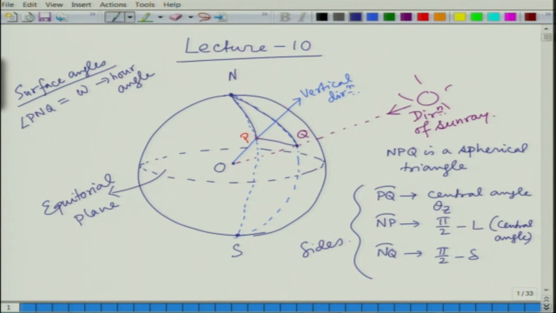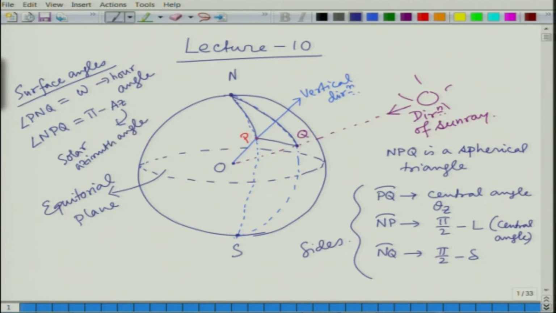The other angle that we see, NPQ, is nothing but pi minus AZ, where AZ is our solar azimuth angle.